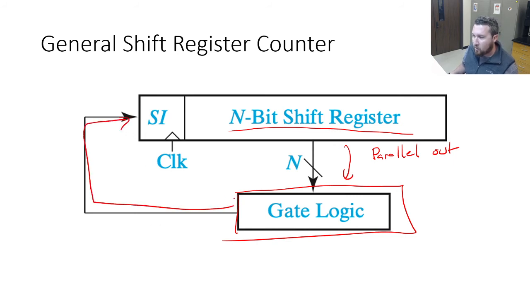Based on that logic, one bit will come out to serial in, get shifted through, and then passed back out again. So this is the structure of a generalized version: a shift register of n bits, parallel out to some kind of combinational logic circuit, back around to serial in. That's our general shift register counter. Any questions about that?